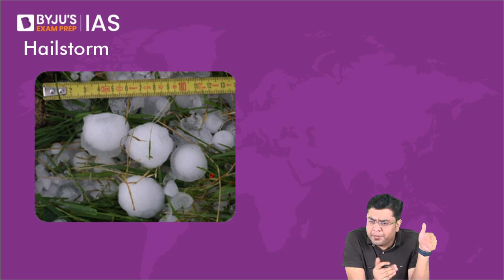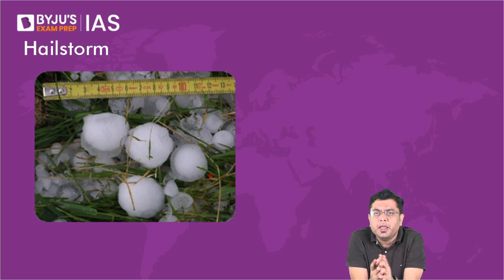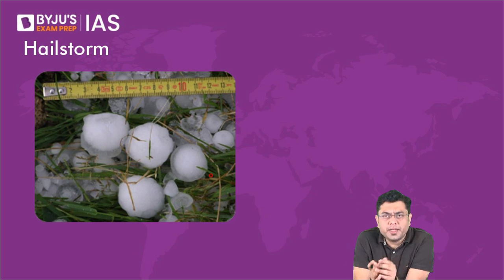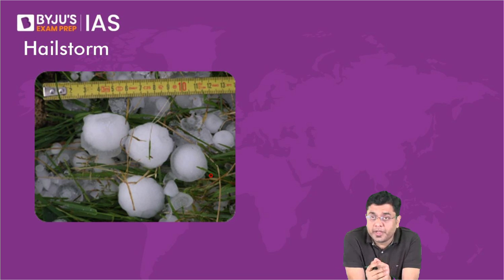Now, I'm sure in your regions also, whichever region you are living in, at some point of time or the other, you would have observed these hailstorms. If you try to recall what the weather condition was during that point of time, you would have observed that there were very dense, dark colored clouds, a lot of heavy wind movement, and that is when this occurs.